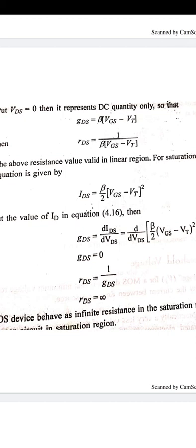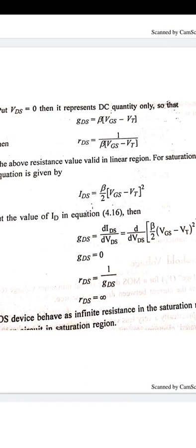So the resistance is 1 upon the slope, inversely proportional to the slope. When we put the GDS value equal to 0, RDS is equal to infinite, 1 by 0 is equal to infinite. So in this region it works as an open circuit in the saturation region.